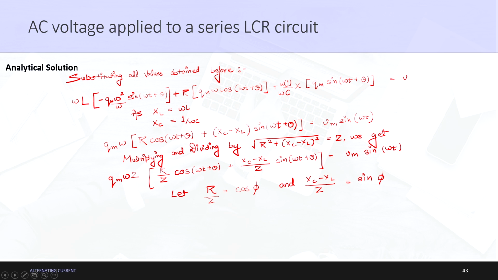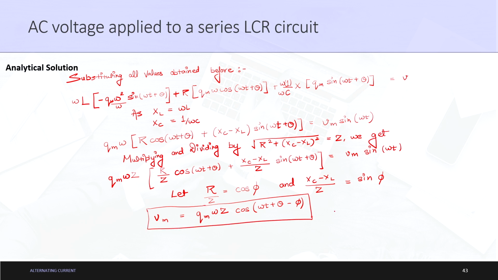Just simplifying, we will obtain Vm equal to qm omega into Z. So, this will be equal to cos of omega t plus theta minus phi, because the trigonometric identity states that cos a cos b plus sin a sin b is equal to cos of b minus a. So, it is cos of omega t plus theta minus phi. I hope you understood this very carefully. How is this thing obtained?